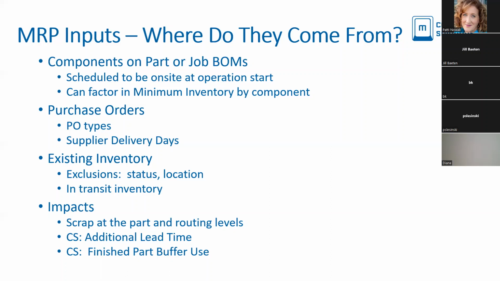So these job demands can also be impacted by standard job quantities or min job quantities, min inventories, etc. And supplier PO releases are going to drive material in on the day that it's needed, and they can be throttled by supplier delivery days. We can add some time buffers, but they can blow up inventory if they're not handled well.